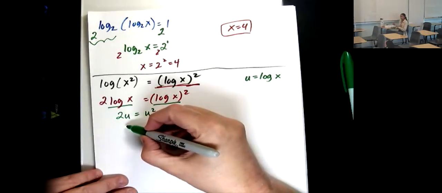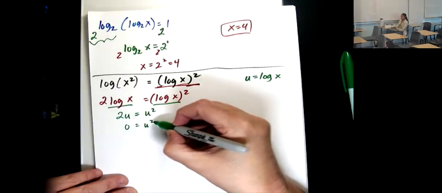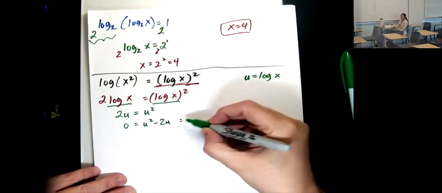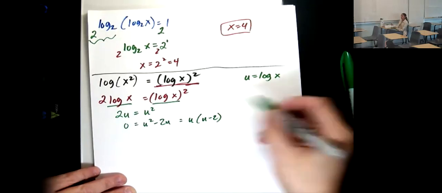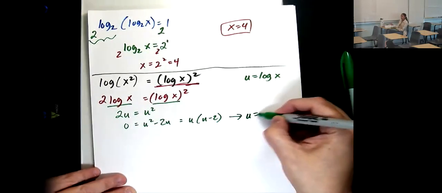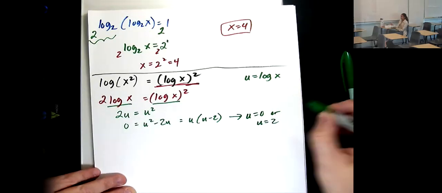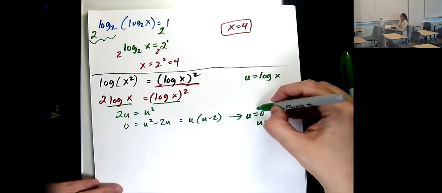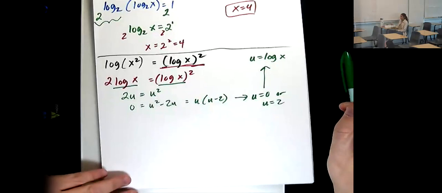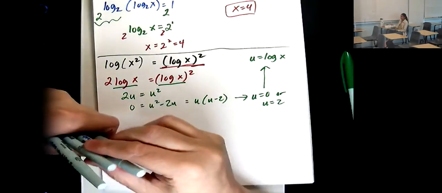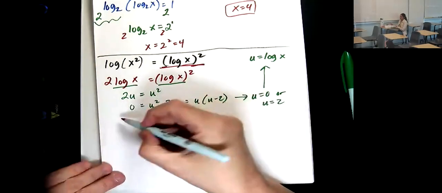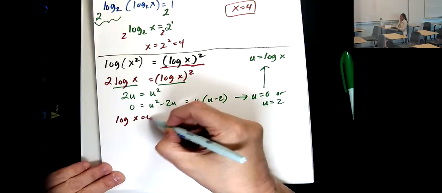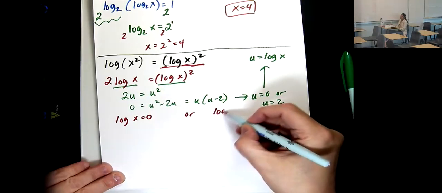I get 0 equals u squared minus 2u, which is u times (u minus 2). I'm going to get u equals 0 or u equals 2. Then I've got to go back up here. I've got log x equals 0, or log x equals 2.